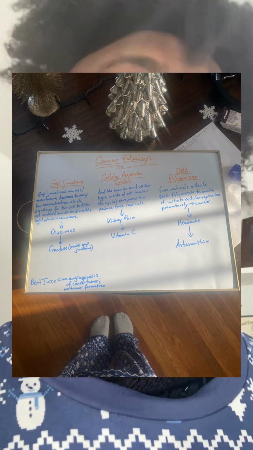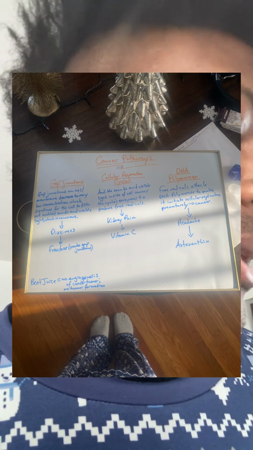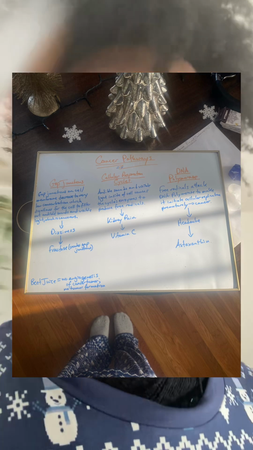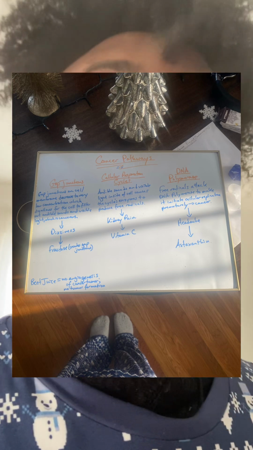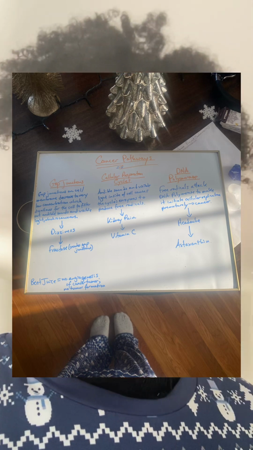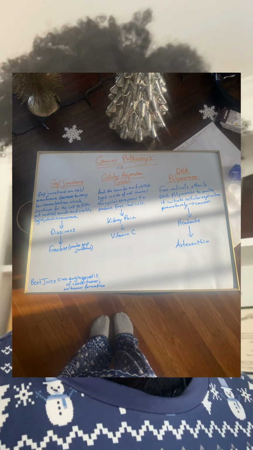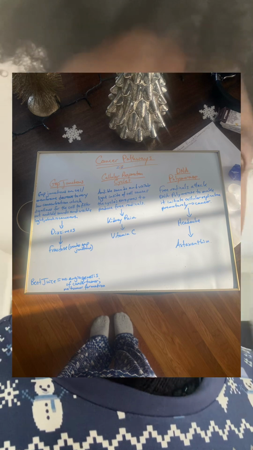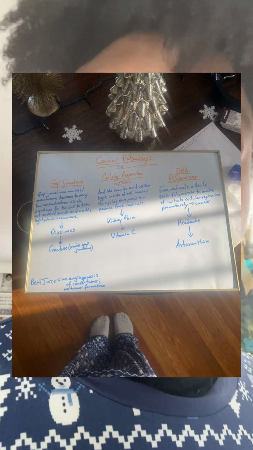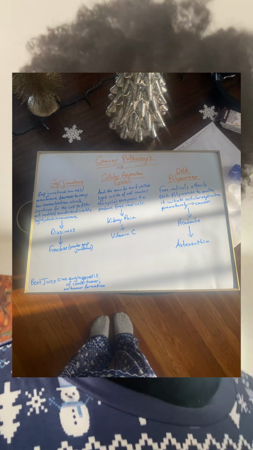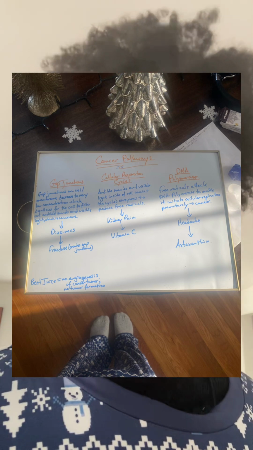The third cancer pathway is DNA polymerase. When the free radicals are moving around the cell, they will attack the DNA polymerase, and the DNA polymerase will start to attach to the DNA prematurely and initiate cellular replication, which is cancer.